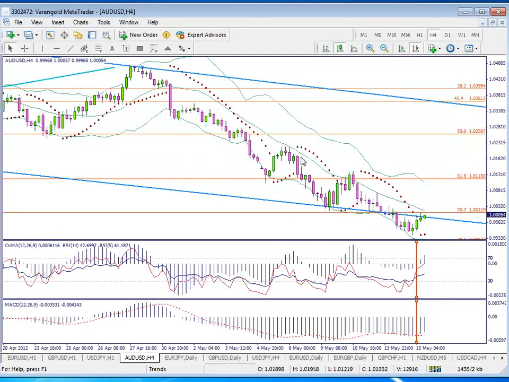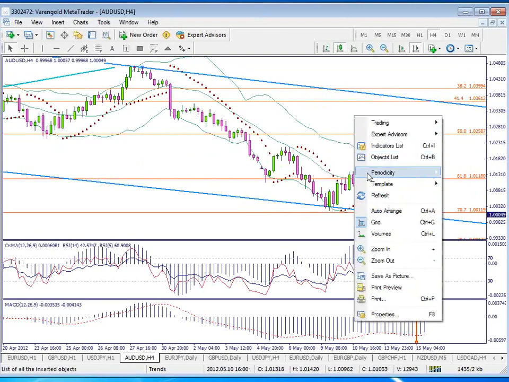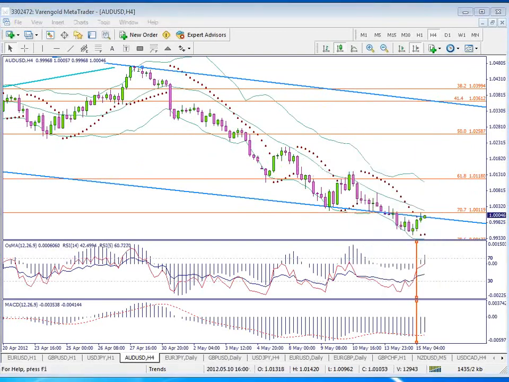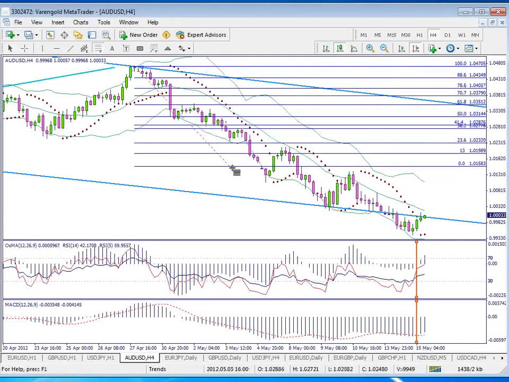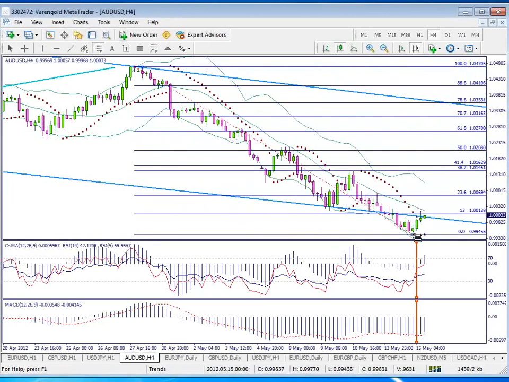At this moment, I just have to put the Fibonacci. I will also delete that Fibonacci because I don't want you to have any confusion. And I will simply put the Fibonacci onto this wave.